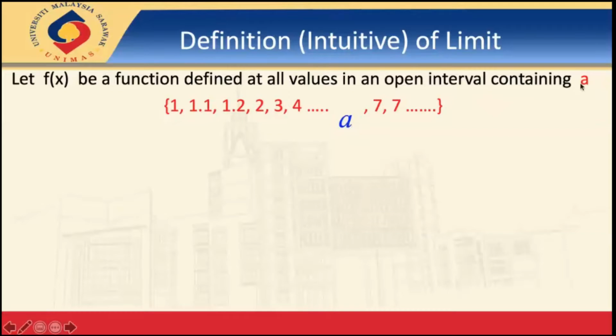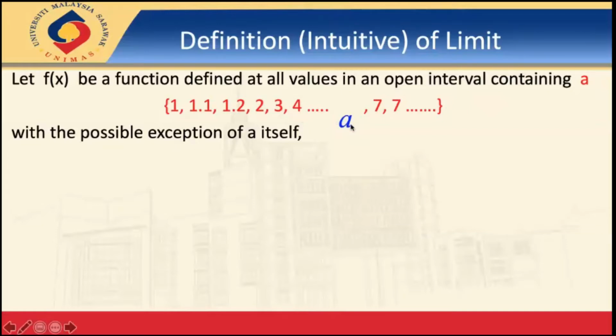Previously the a value was 2. Now, with the possible exception of a itself, meaning that all these open interval values are okay, but except the value of a itself. So let's suppose the value of a in the previous function case is 2, then the function is infinity.